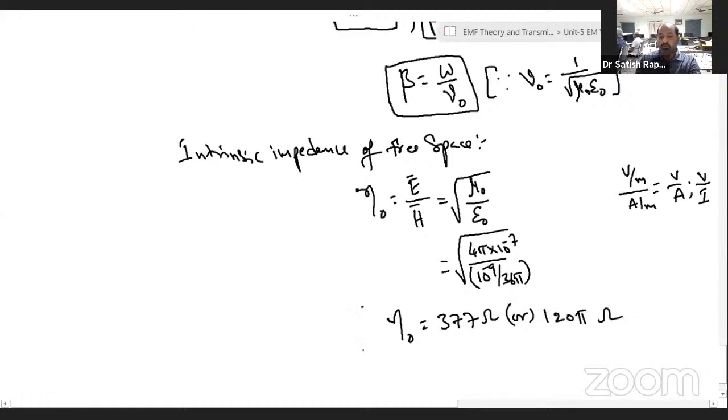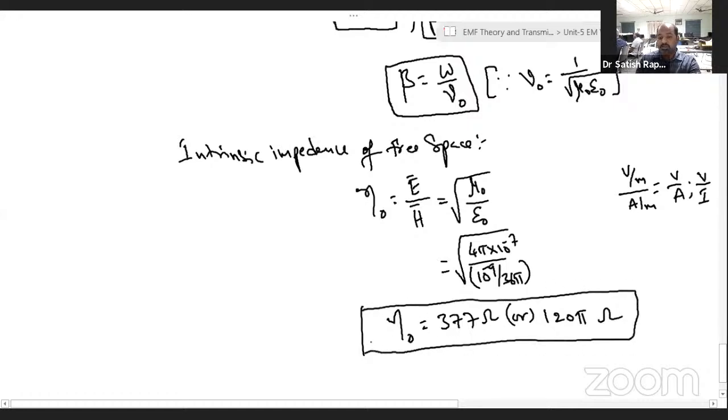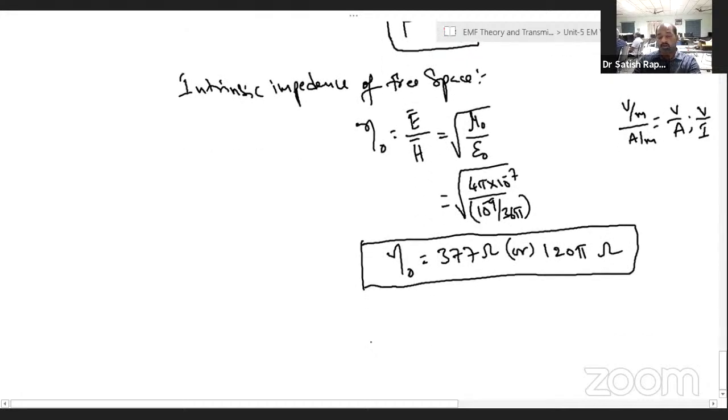So this is the impedance of a wave in free space. The intrinsic impedance of the wave in free space is 377 ohms or 120 pi ohms. Very important.